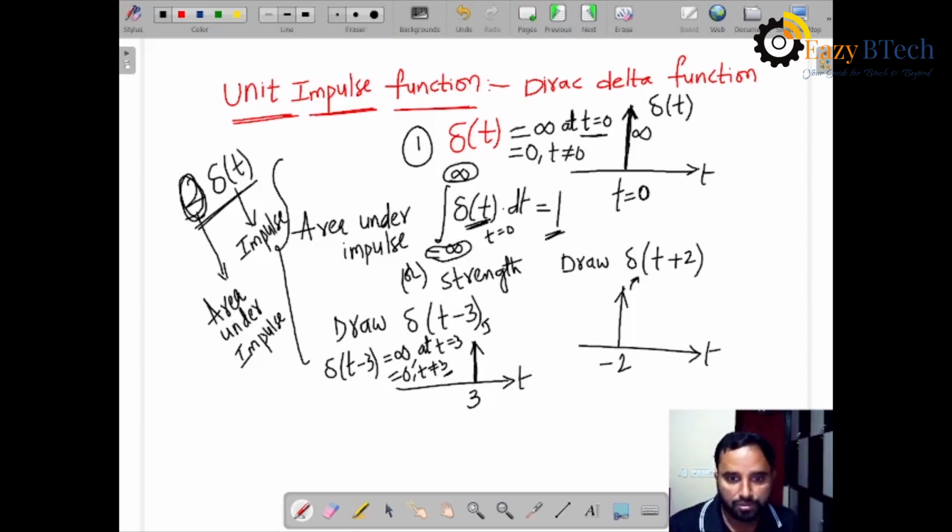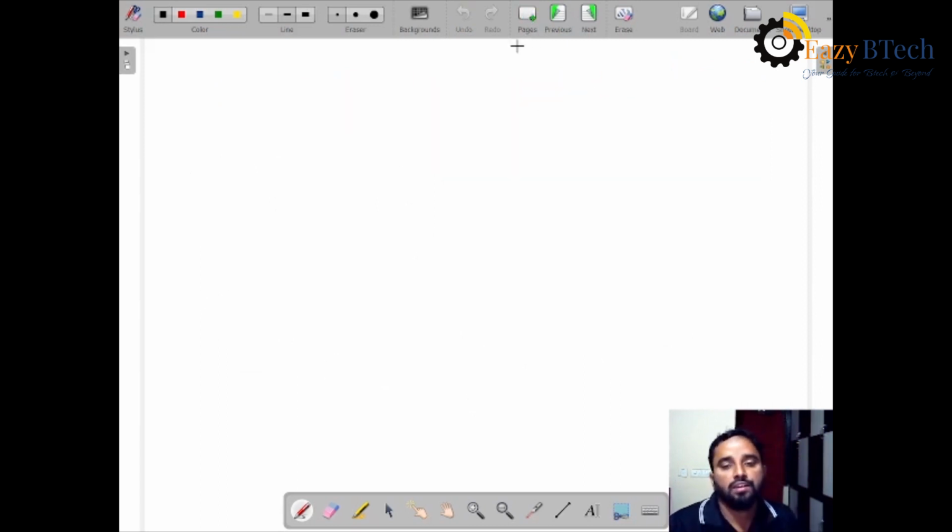Next we are going to see the unit step function.